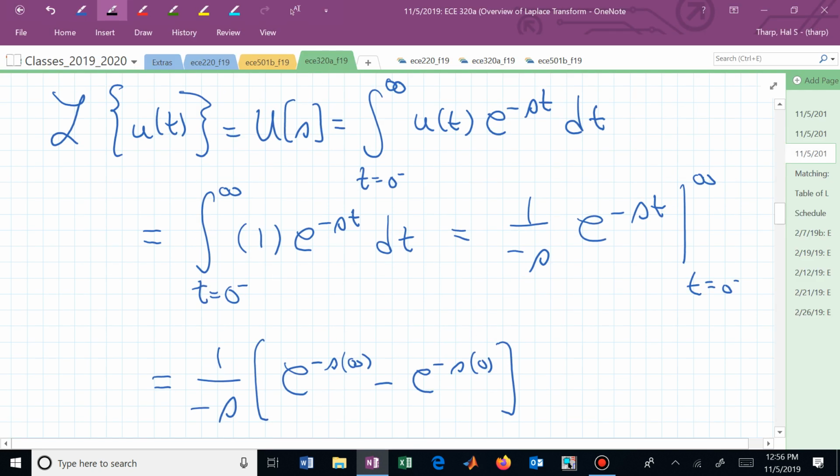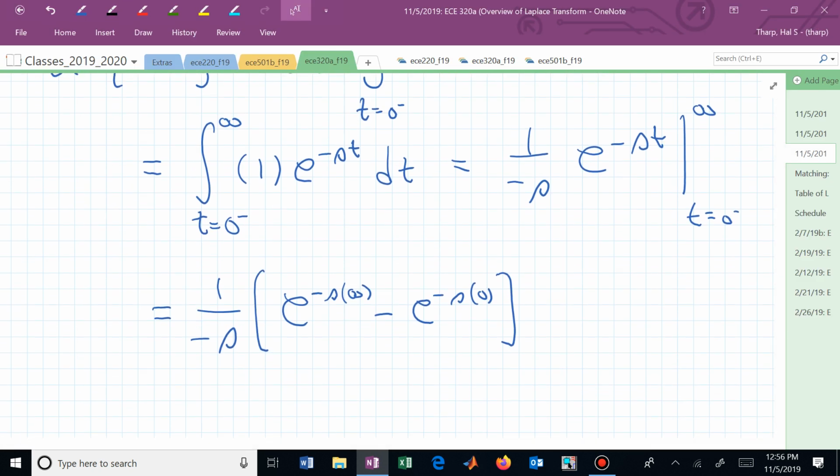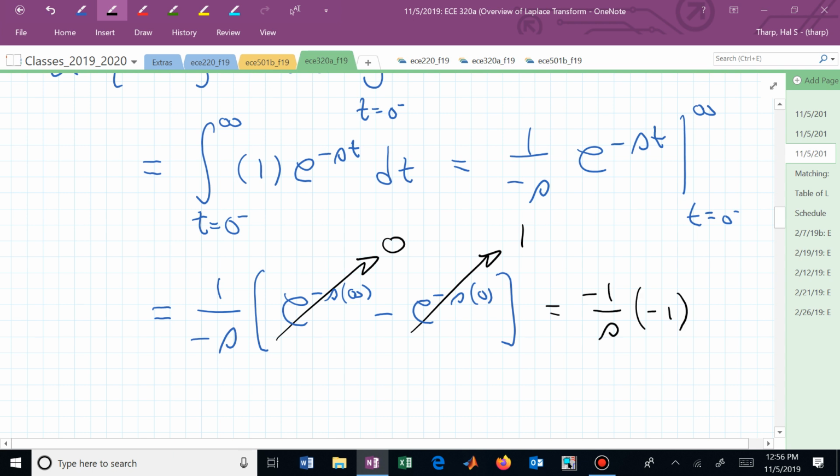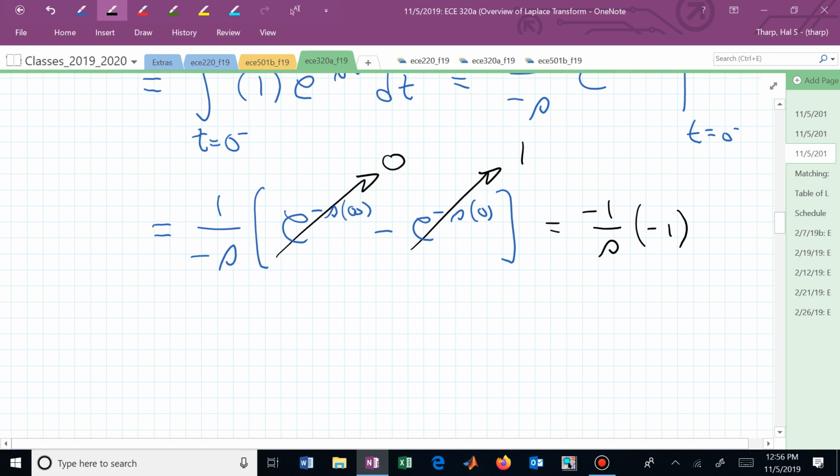And we know what each of those limits evaluate to. What's e to the minus infinity? That one's going away. And e to the 0, 1. So now we have minus 1 over s times minus 1, or we now know that the Laplace transform of a unit step is 1 over s.